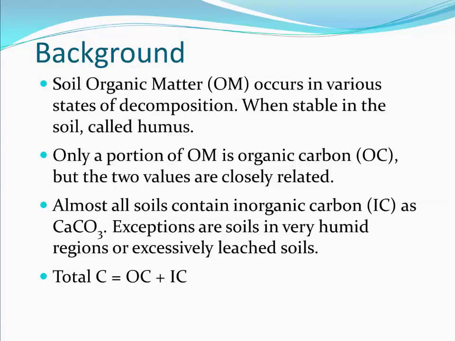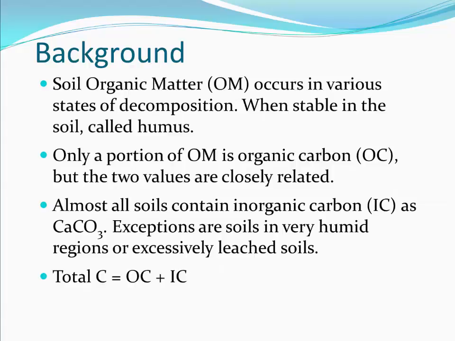Exceptions, in other words, which soils might not have inorganic carbon, would be those found in very humid regions, such as we have here in the east, or excessively leached soils, which we also have here in the east. So for the most part, the inorganic carbon part in Virginia is very, very low, except maybe over limestone soils. And that would be right close to the limestone itself.